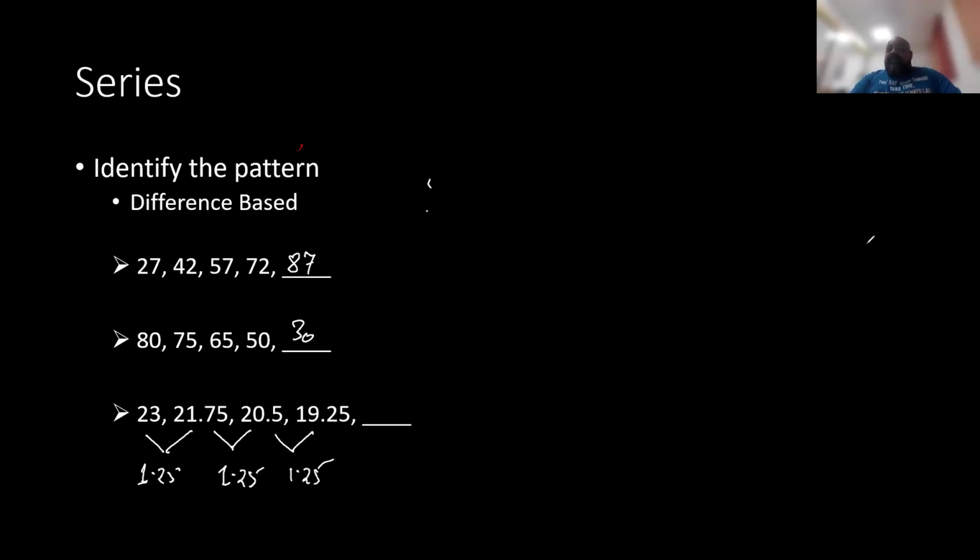So the difference is constant. The only thing is the difference isn't an integral value, right? And therefore, I will continue with this difference and subtract 1.25 from 19.25. 19 minus 1 is 18, so the answer here becomes 18.